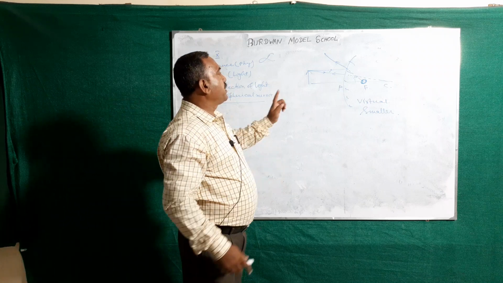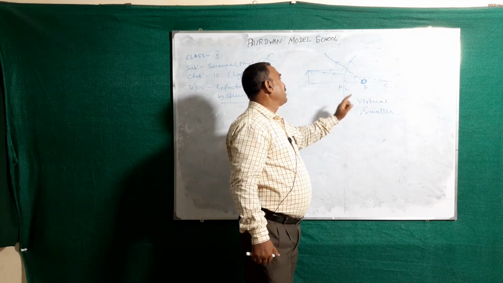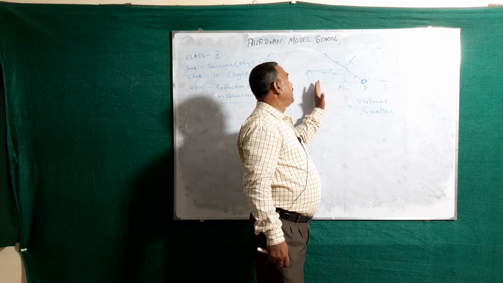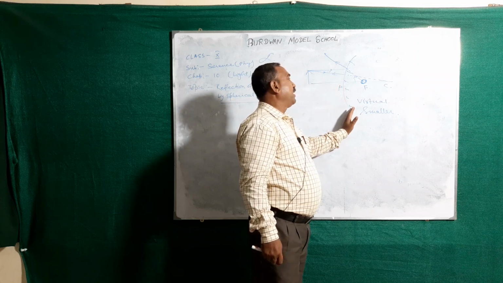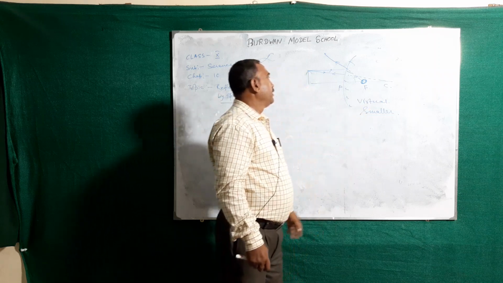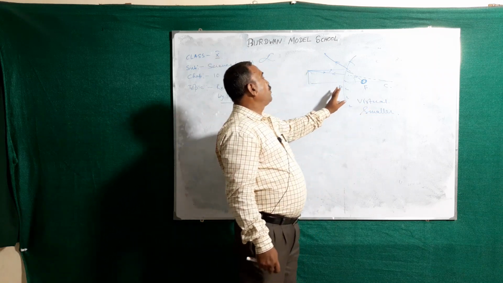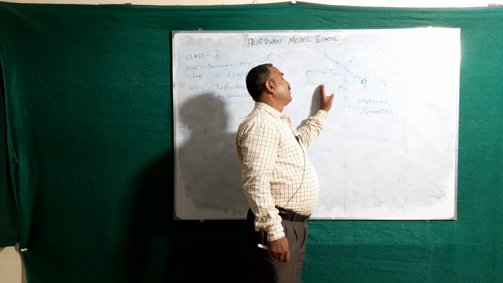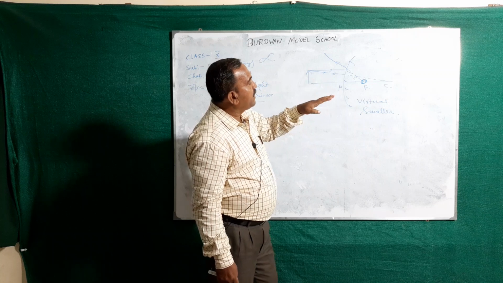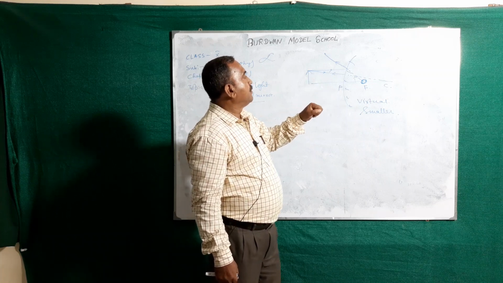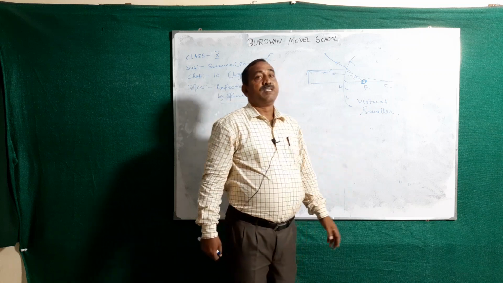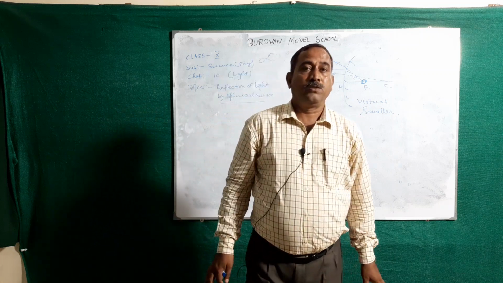So, the basic difference between the concave and the convex mirror: for the convex mirror, the image will always be virtual but diminished in size. If the object is placed in between pole and focus for the concave mirror, the image will form behind the mirror and the nature of the image will be virtual, but it will be larger in size.